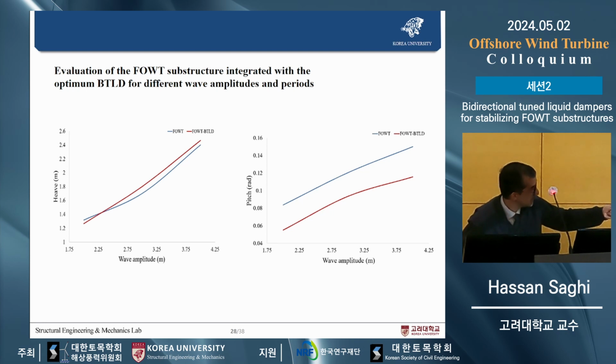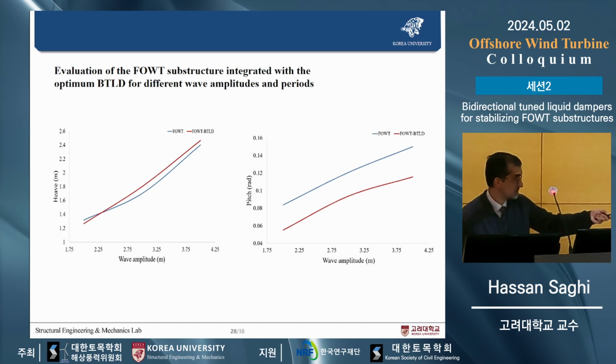The second one is the integrated system, FOWT and BTLD. For the pitch, you can see the red line, pitch motion is always less than the pitch motion of the original FOWT. However, for the heave, the suggested system cannot mitigate or reduce the heave motion, but for the pitch motion, it is always less.